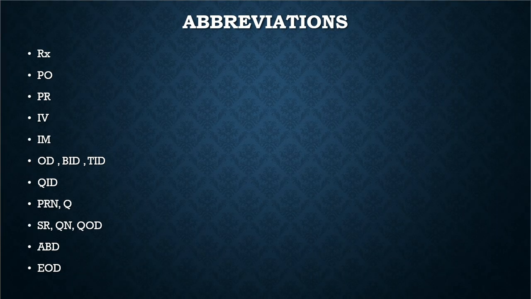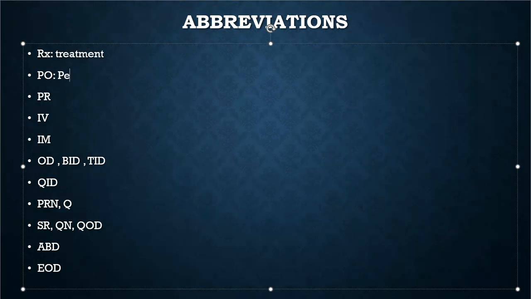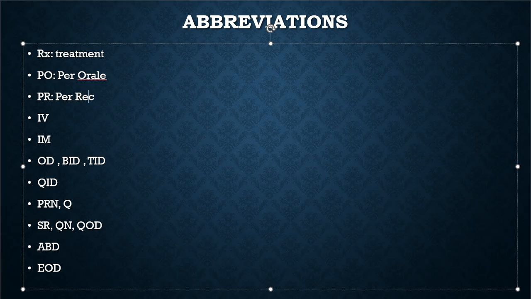So let's talk about a little bit of abbreviations that we might find difficult. RX, as we said, means treatment. PO, per oral, means this drug should be taken orally. PR, per rectum, which means this drug should be taken rectally.